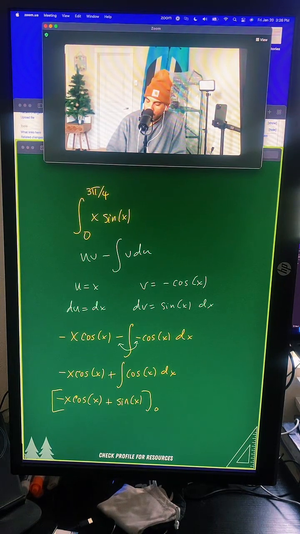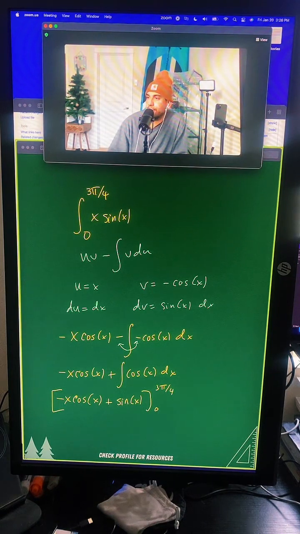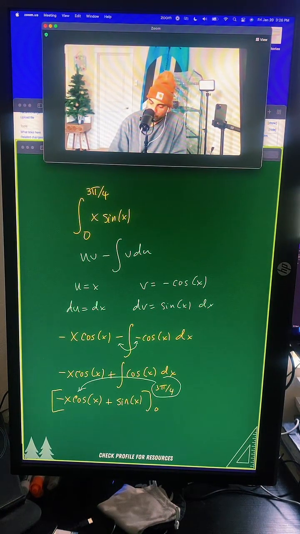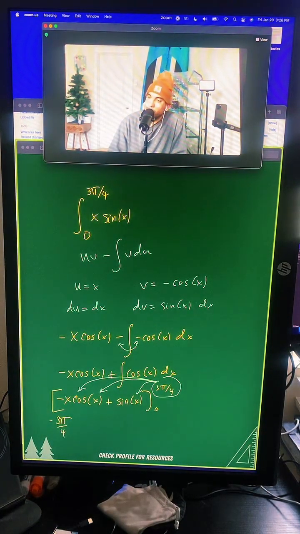And look, now we have our 0 and our 3 pi over 4 for our parameters there. So we're going to bring the 3 pi over 4 to all terms here. That's negative 3 pi over 4 cosine of 3 pi over 4 plus sine of 3 pi over 4.